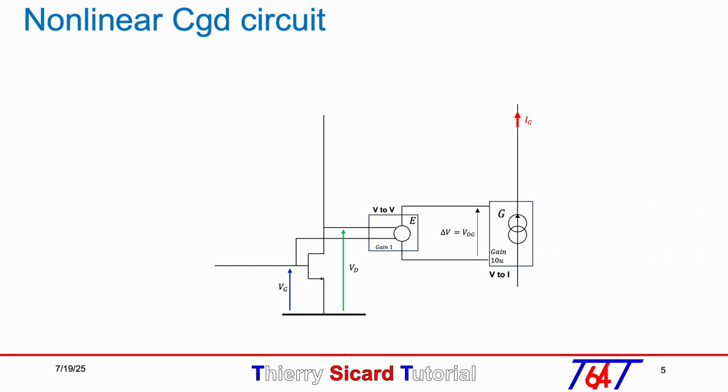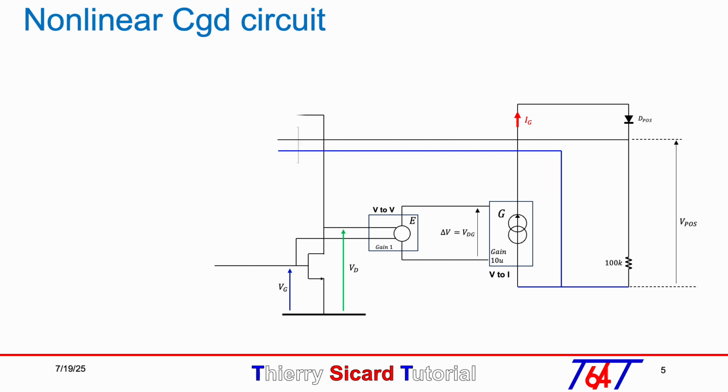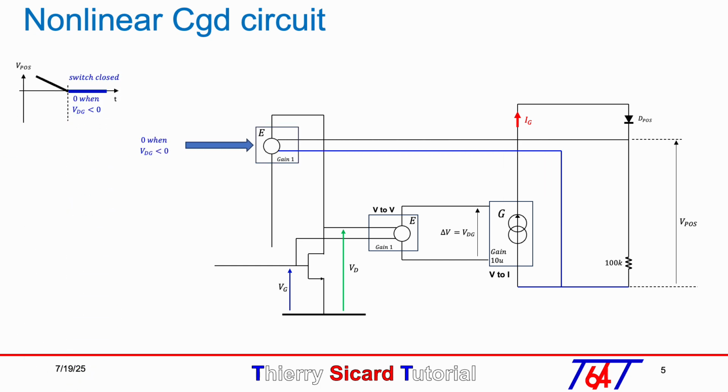Using the diode D-pos and the 100k ohm resistor, we will generate the signal V-pos, which represents only the positive portion of the voltage VDG. The voltage V-pos is equal to 0, which is equivalent to the switch being closed, when the voltage VDG is negative, as shown in the small graph of V-pos versus time.